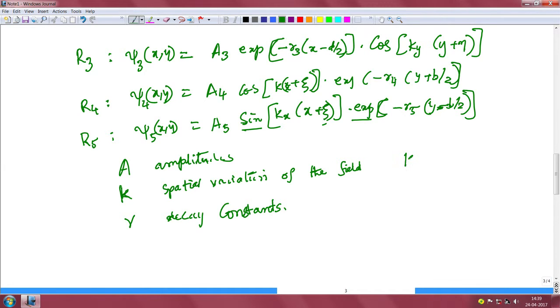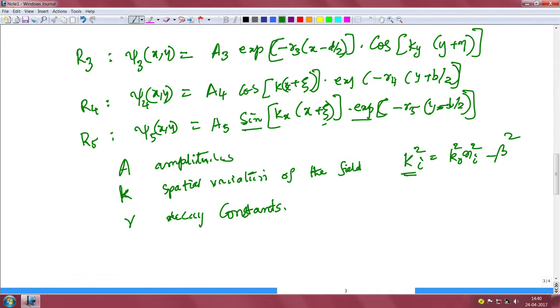So, in general you can say that Ki are the constants of the form K0 square ni square minus beta square, where the Ki could be the oscillatory constants Kx, Ky, or gammas which are the opposite, beta square minus K0 square ni square, for decay purposes.